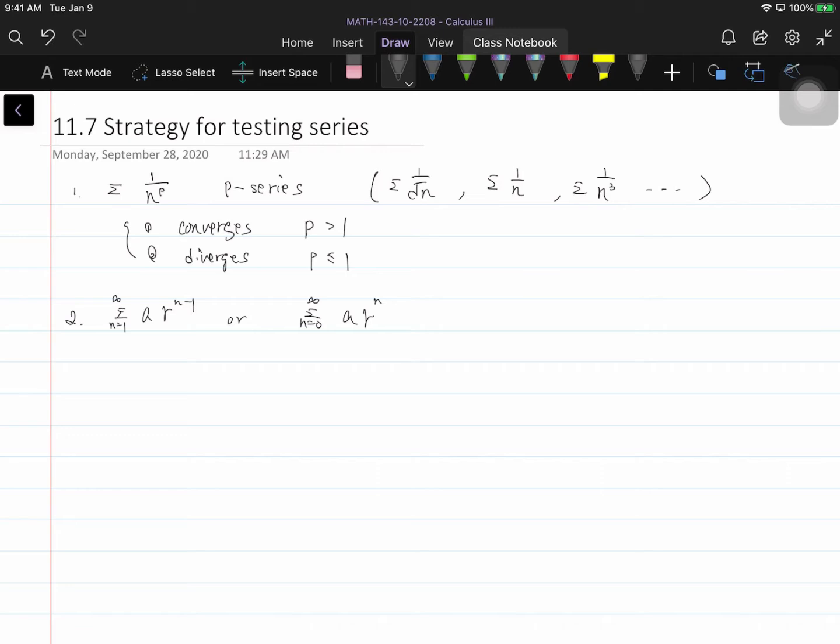For a geometric series, we know it converges when the absolute value of r is less than 1, and the sum equals a over 1 minus r. When the absolute value of r is greater than 1, it diverges, and also when it equals 1.